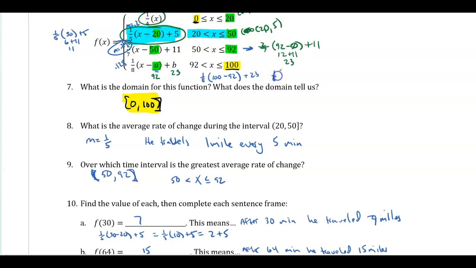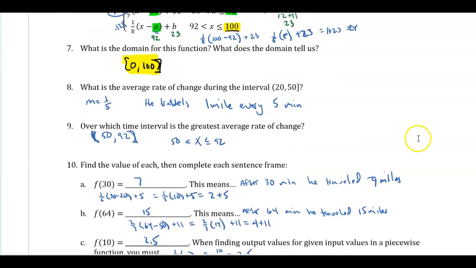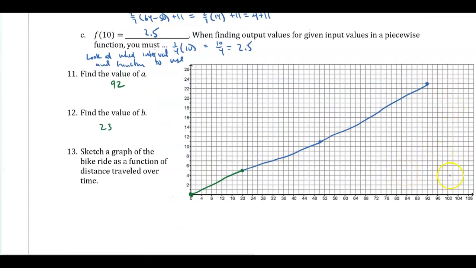It's going to give me 1/8 times 8 plus 23, which ends up being 1 plus 23, which is 24. So it would be 100 and then 24. Boom.